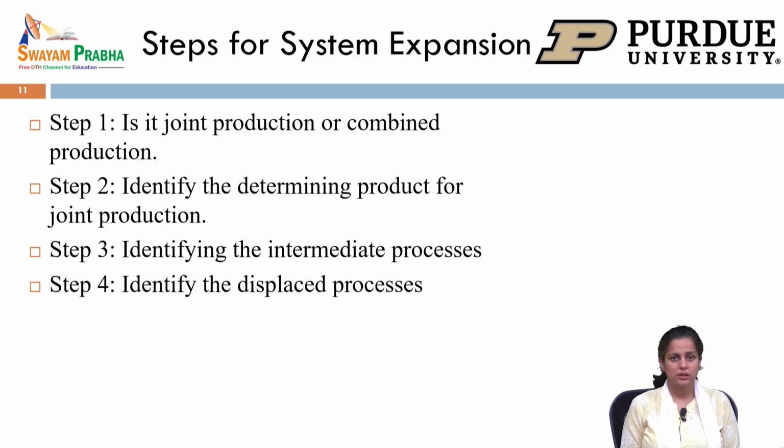If it is not the main focus of our LCA and it's a co-product, then we also account for that as part of the system boundary if it is included. Step 3 is identifying the intermediate processes and then identifying the displaced processes. Remember that for system expansion, our overall goal is to avoid allocation by giving some credit to the main product by identifying the displaced processes and also the intermediate processes. So, we will see how we do this.